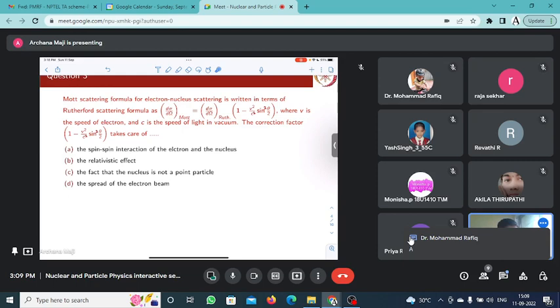No, it is not the spin-spin interaction of electron and nucleus. For that, there was some other factor. A option is not correct.